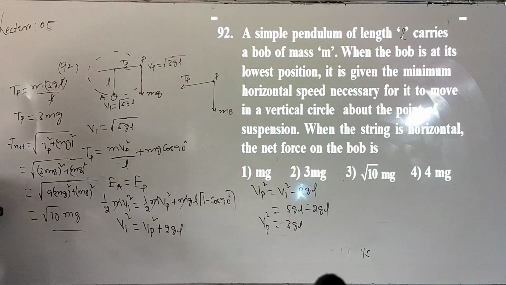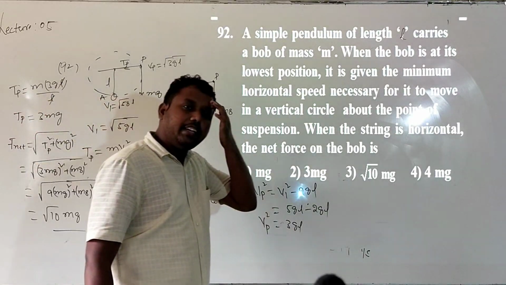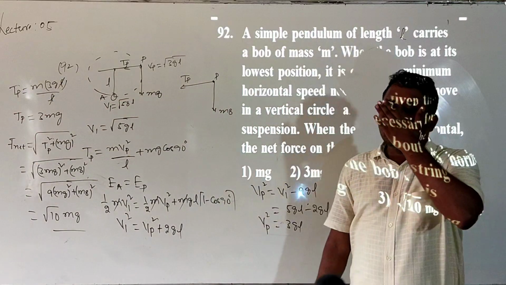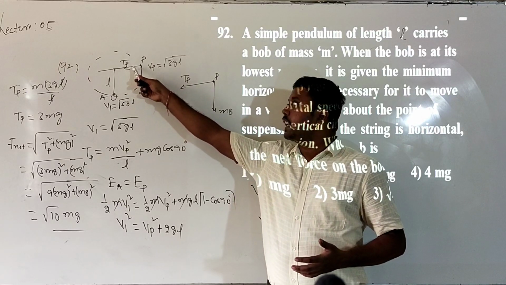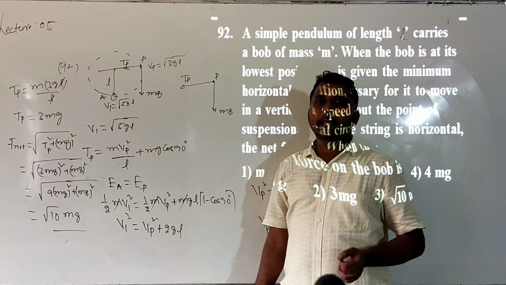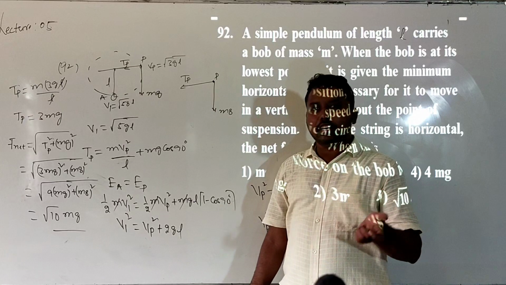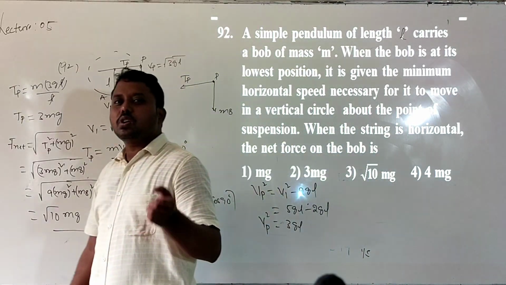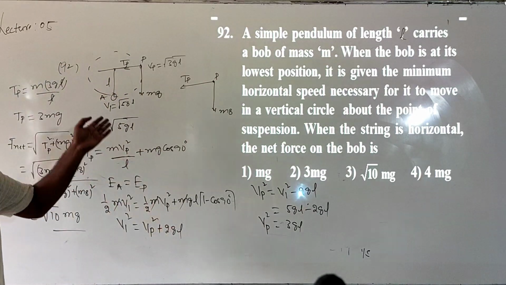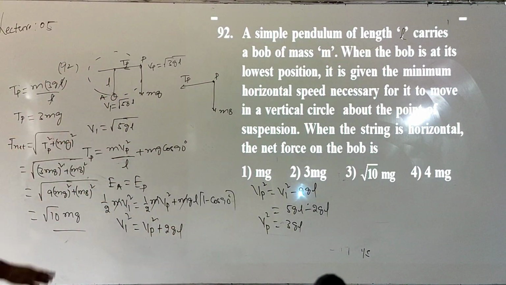Question understood now? To calculate the resultant force acting at P, we first calculated the tension. For calculating tension, we calculated velocity. Whenever you want to calculate velocity, as I told, you need to apply the law of conservation of energy. Finally we are done.